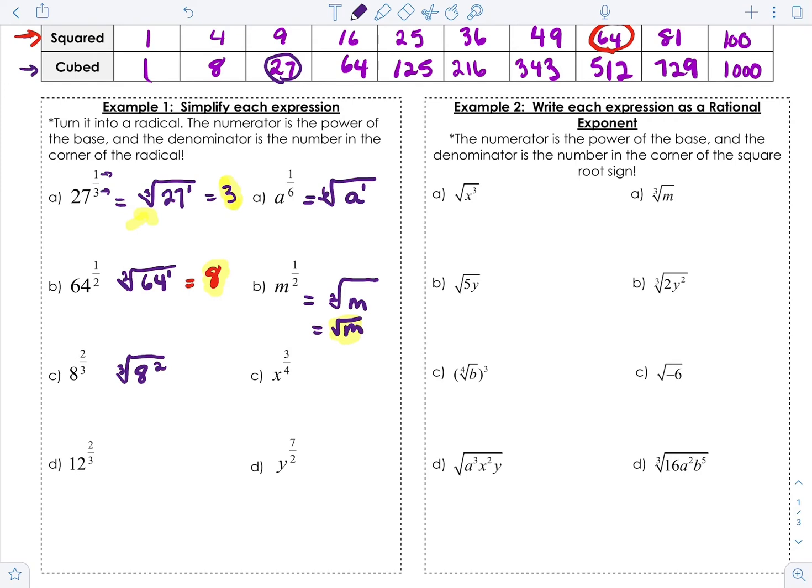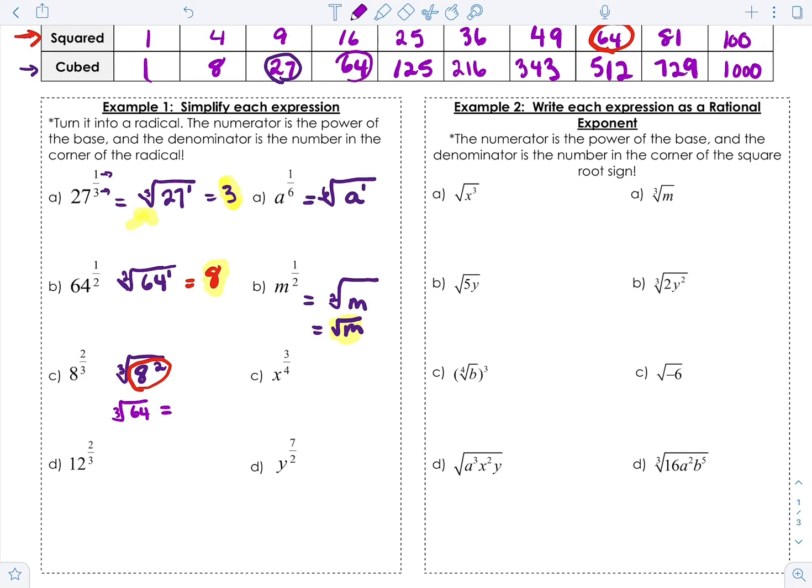All right, there are a couple of ways to look at this. Since we have 8 squared right here, we can actually evaluate this. 8 squared is 64. So we could rewrite this to be the cube root of 64. Meaning what times itself 3 times gives us 64.